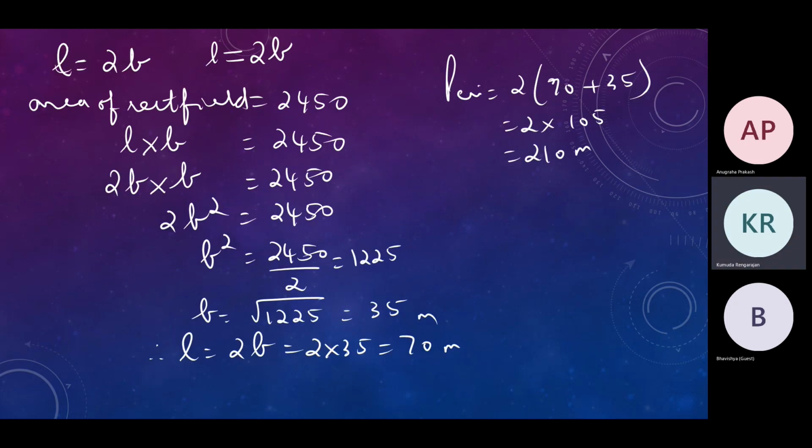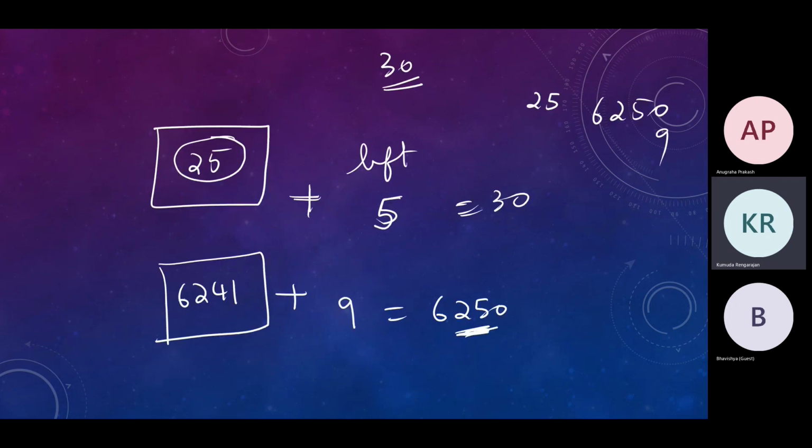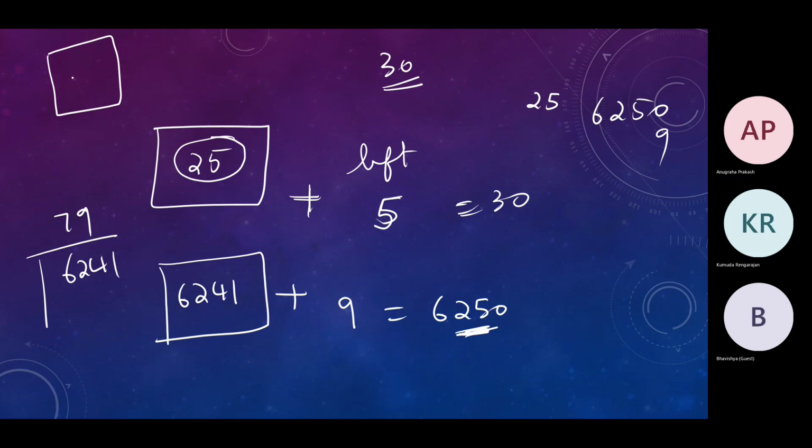So now what is the question? The question is, find the number of students in each row. That means you should find the square root of 6241, which is 79. You should not find the square root of 6250. We need to understand the question carefully. How many students are in the square? 6241. Total number of students is 6250. But how many are outside the square? 9.